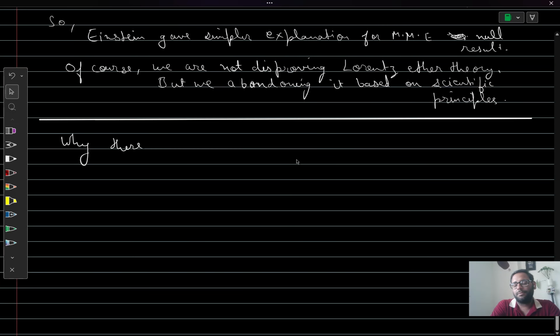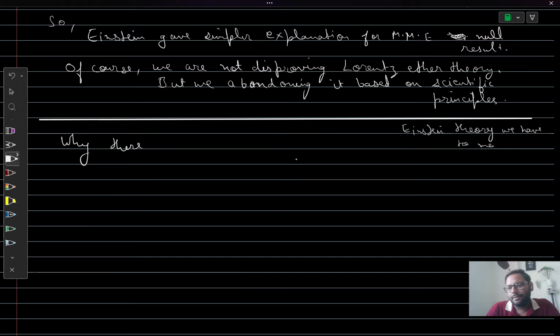So suppose in Einstein's theory, we have to maintain the constancy of speed of light.